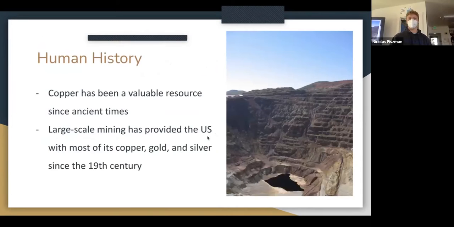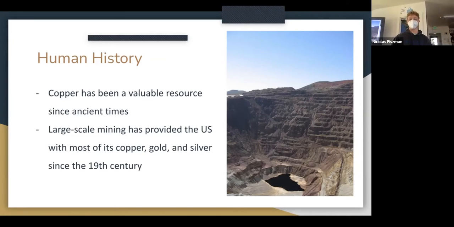So human history, it's pretty insignificant geologically, but it's more important in Arizona and Nevada, not so much in California, but most of the history revolves around mining.